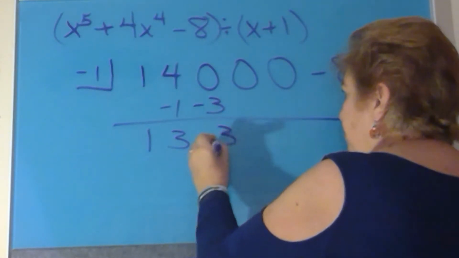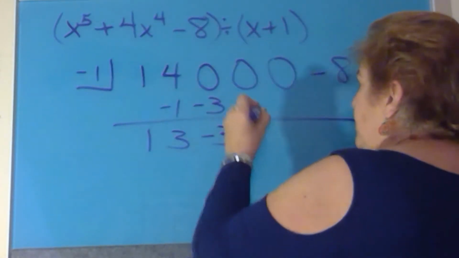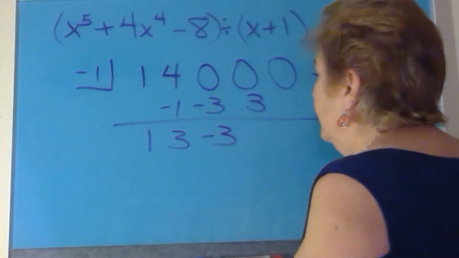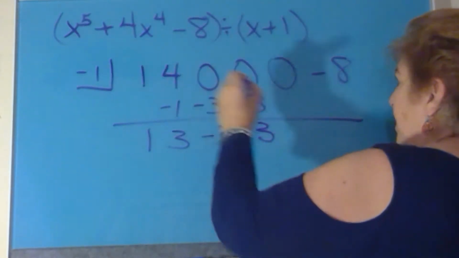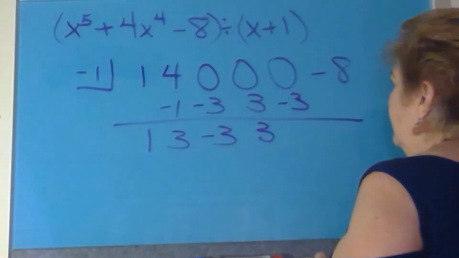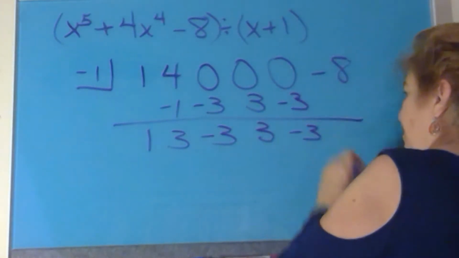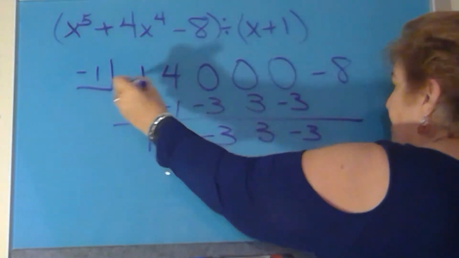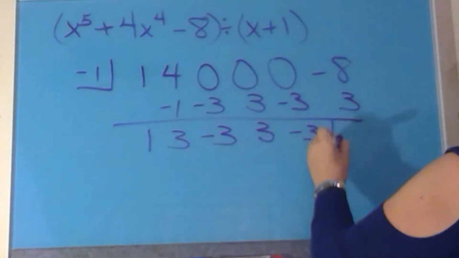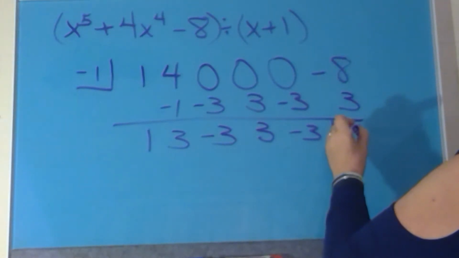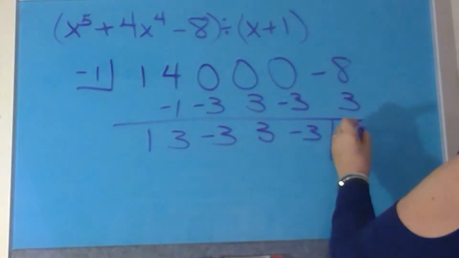That gives you negative 3. Negative 3 times negative 1 is 3. That gives you 3. 3 times negative 1 is negative 3. Bring that down. And negative 3 times negative 1 is a positive 3. So our remainder is negative 5.